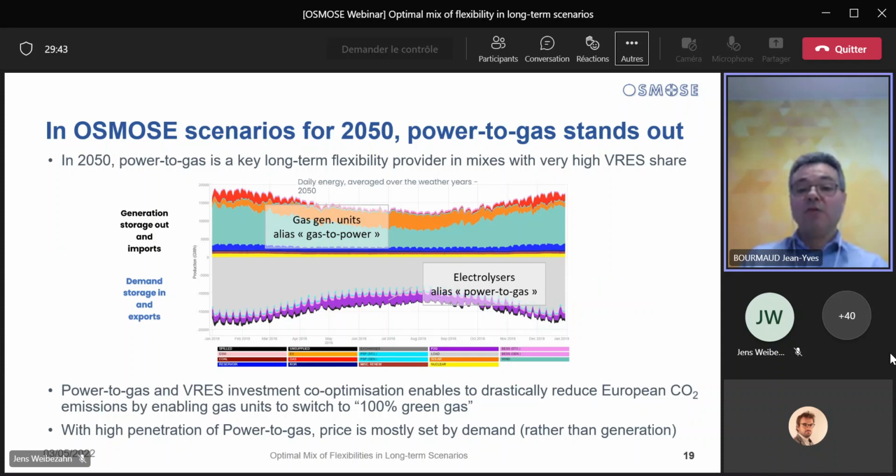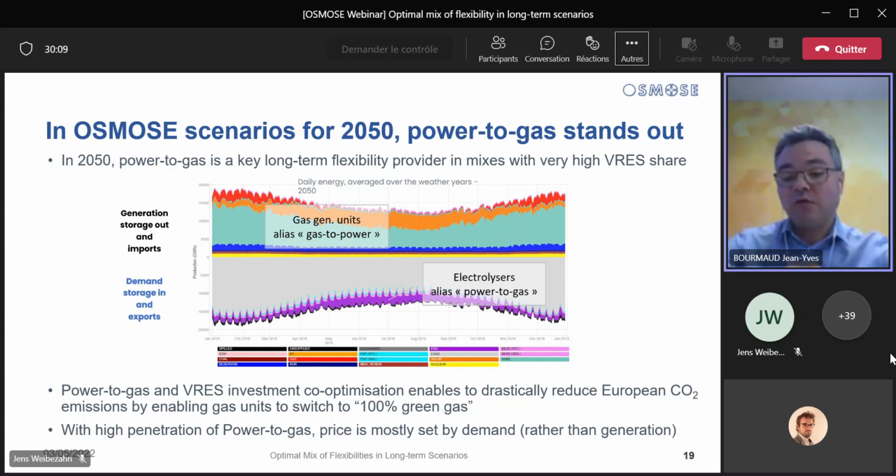In our scenarios, in 2050, power to gas stands out as a key decarbonizing solution. Once electrolyzers are installed, they turn out to be a key provider for seasonal flexibility, as we can see in this generation demand stack.